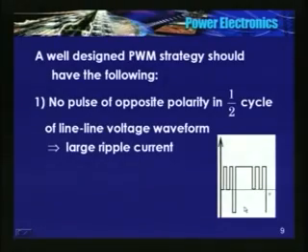Now, what happens if this sort of a pulse is there in the voltage waveform? You will have a large ripple current. Ripple current increases. Second, there should not be subharmonics. Subharmonics should be 0.